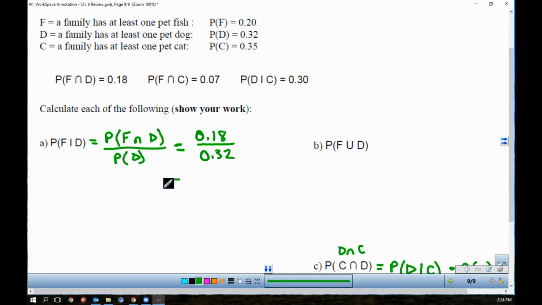So what's this probability? 0.5625. And then for completeness, let's look at the probability of F or D: the probability of F plus the probability of D minus their intersection.